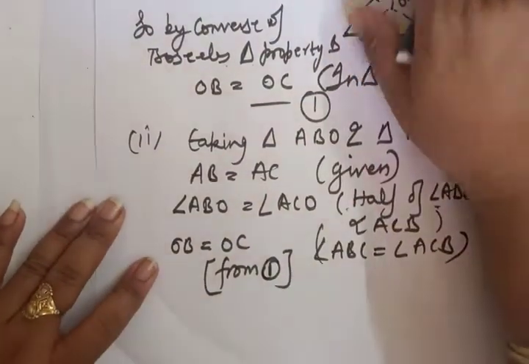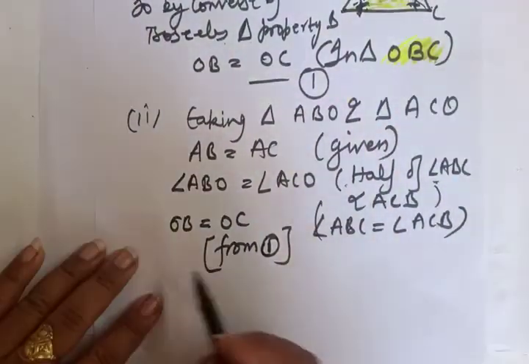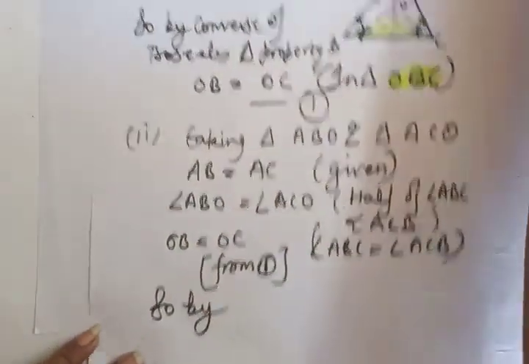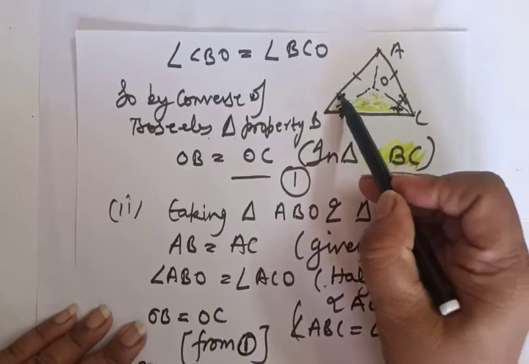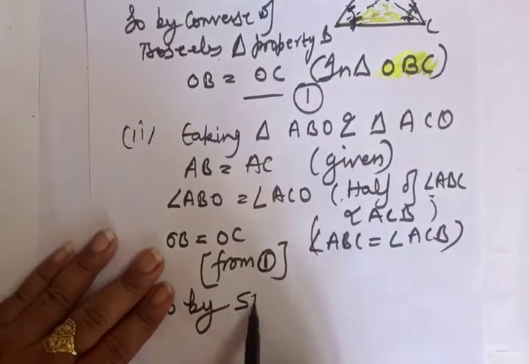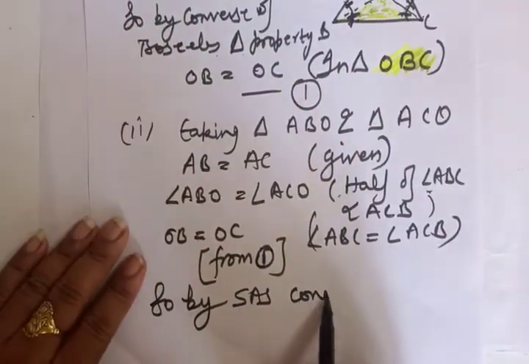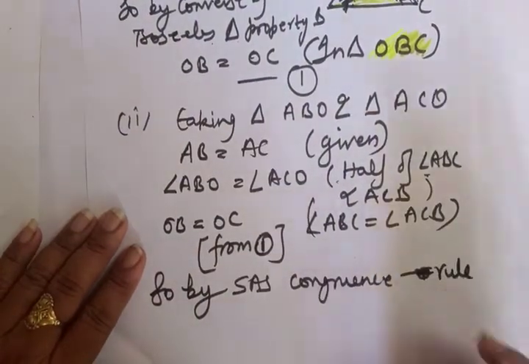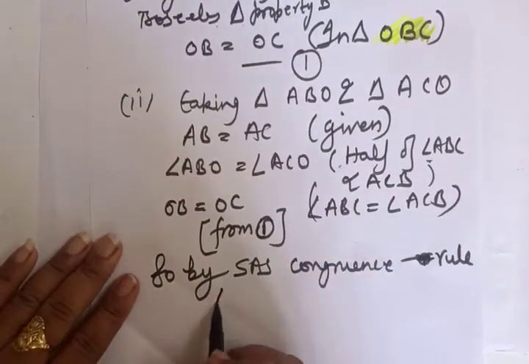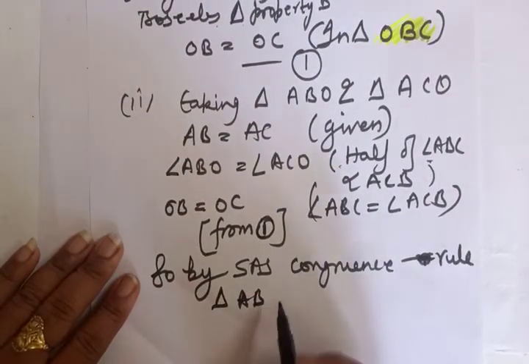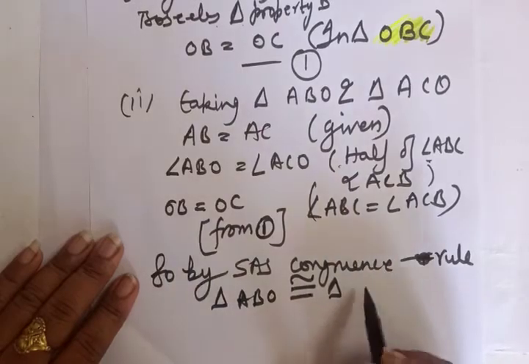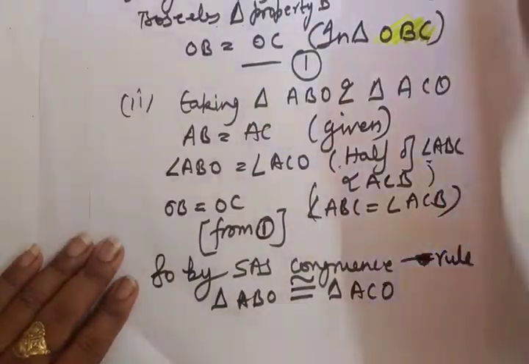So by SAS congruency rule, triangle ABO is congruent to triangle ACO.